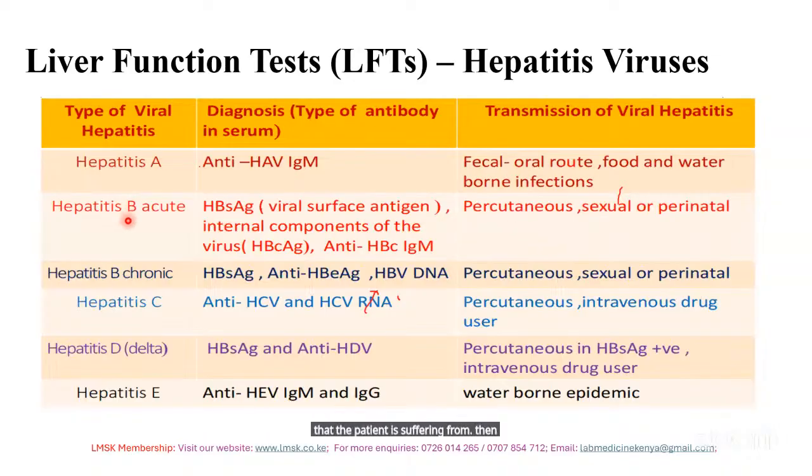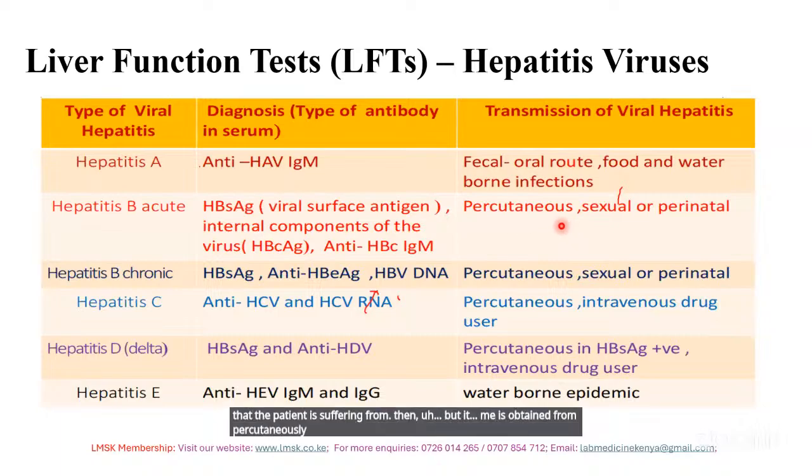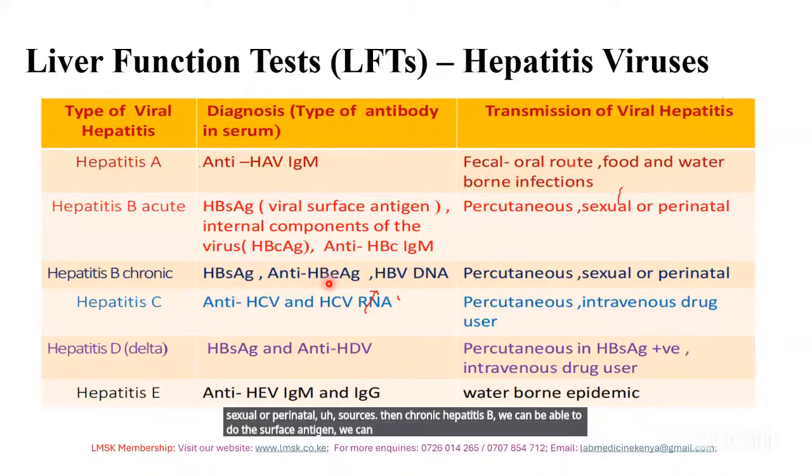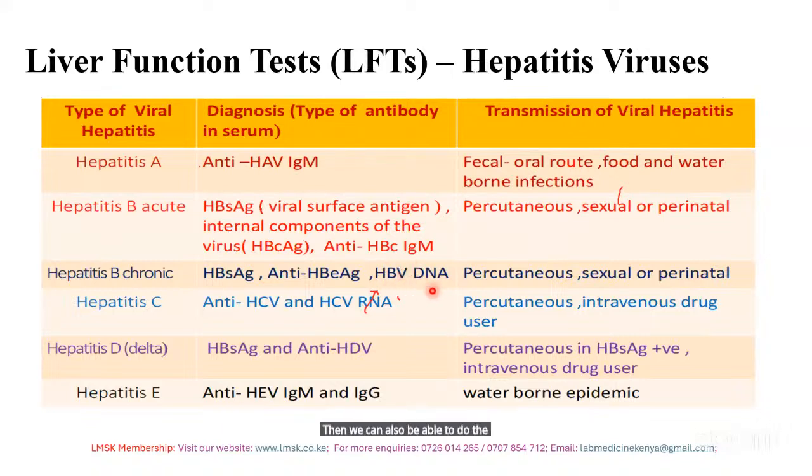Then hepatitis B is obtained percutaneously, maybe through needle pricks, sexual or perinatal sources. Then chronic hepatitis B, we can do the surface antigen, the envelope antigen, and then the hepatitis B virus DNA viral load.